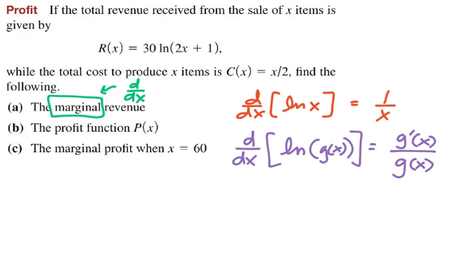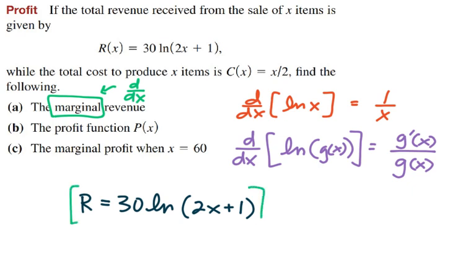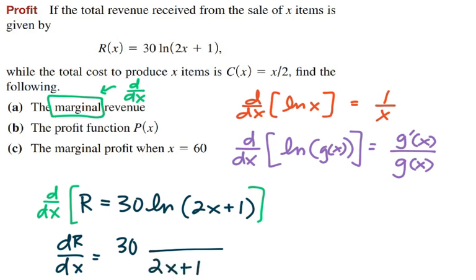So I'm going to take my R of x formula and say that R equals 30 times the natural log of 2x plus 1. And if I differentiate with respect to my independent variable x, I now have that the derivative of R with respect to x, the 30 is a coefficient, so that remains. And the argument goes into the denominator, 2x plus 1.